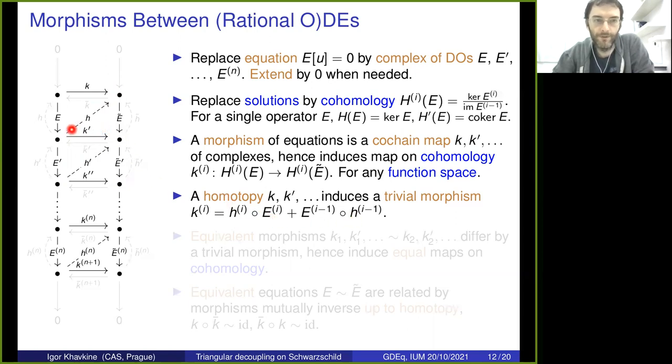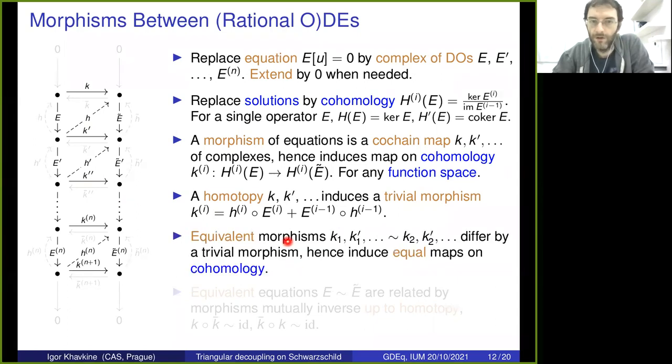And it so happens that for any choice of the H's of this type, the induced K's create a commutative diagram. It's also convenient to consider those morphisms that are induced by a homotopy to be trivial in a certain way, which induces an equivalence relation on morphisms between differential equations.